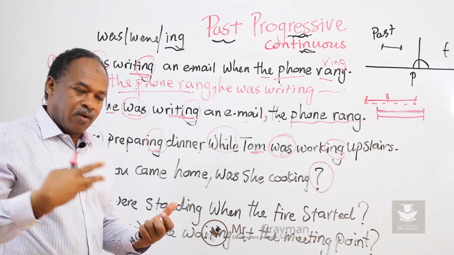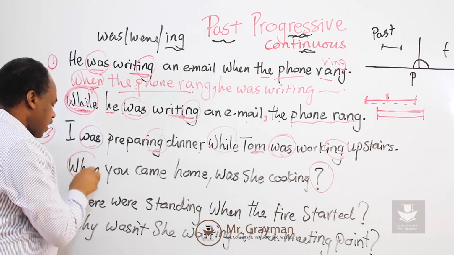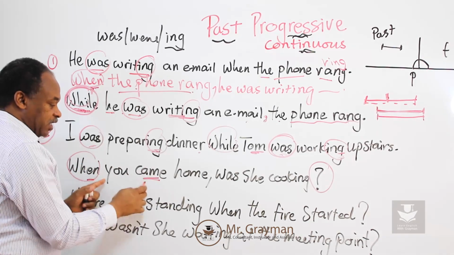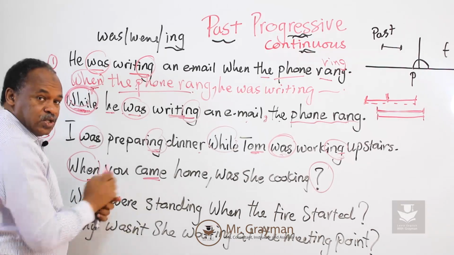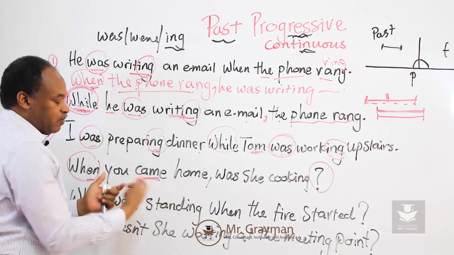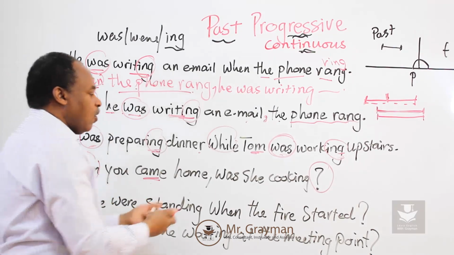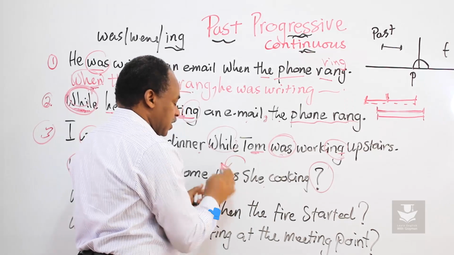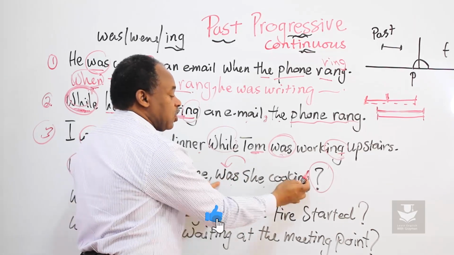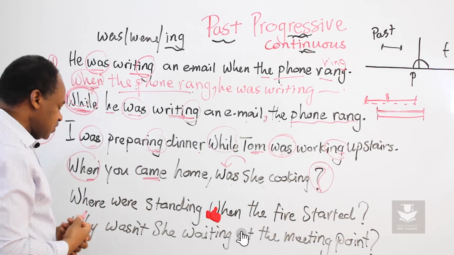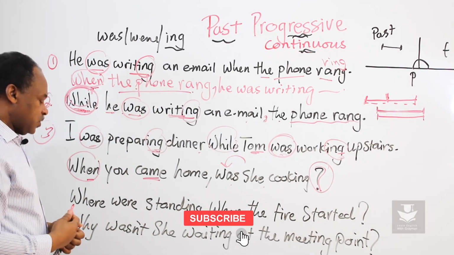So when you came home, when is connected with the past simple, as I said earlier. So when you came home, that's a question. Was she, I put was here at the beginning of the sentence, was she cooking? That's a question. Okay? That's how we form questions with the past continuous.